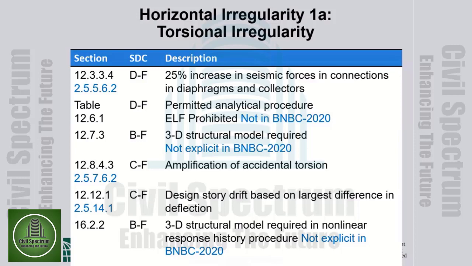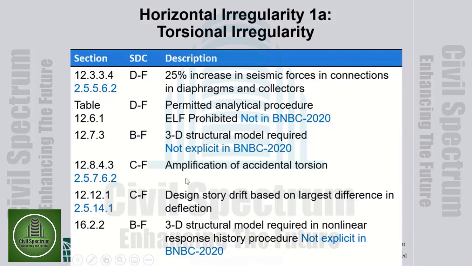Next section, amplification of accidental torsion. This is section 12843 of AC 725.762 of BNBC 2020. We will take a look at that. The next thing is design story drift based on largest difference in deflection. We will take a look at that also.